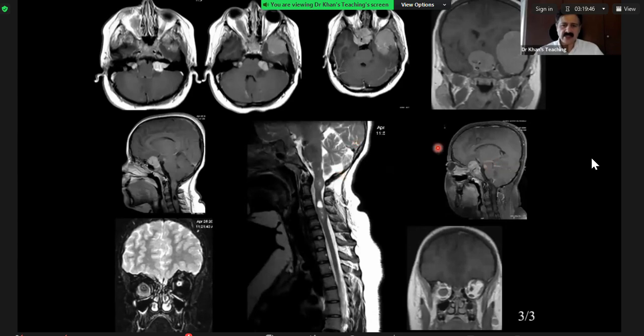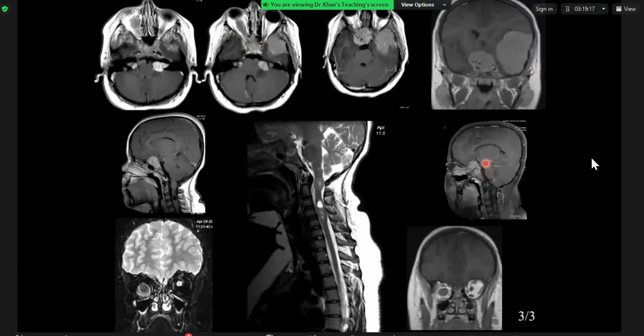So other than that, just a recap of what we see: acoustic schwannoma here, ice cream cone sign, bilateral. You can see it larger on the left side, smaller on the other. You can see the meningioma. You can see the suprasellar meningioma, which goes into the pituitary fossa also, encases the internal carotid artery here, and goes around the right-sided optic nerve.